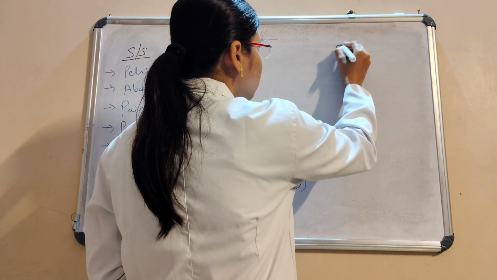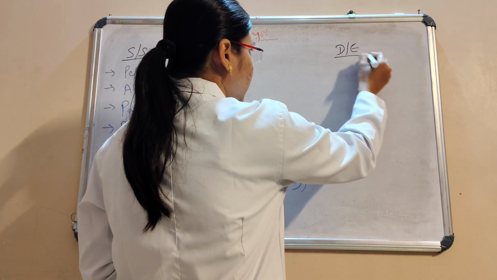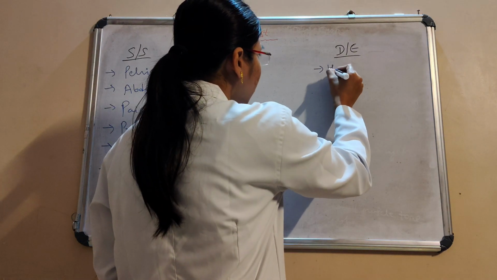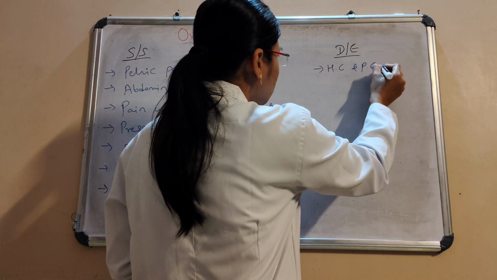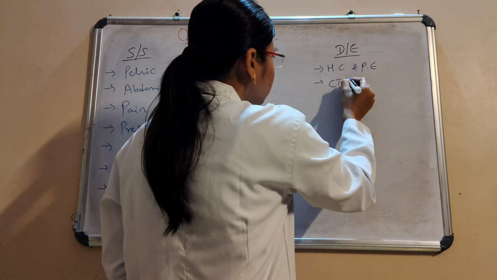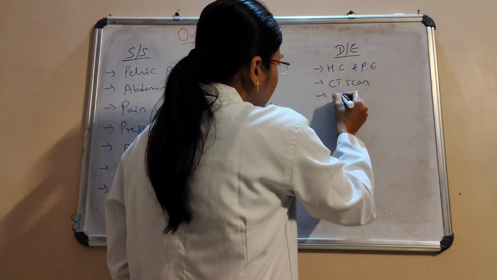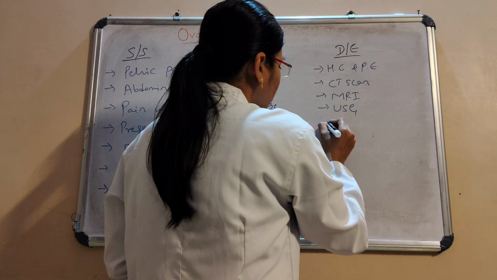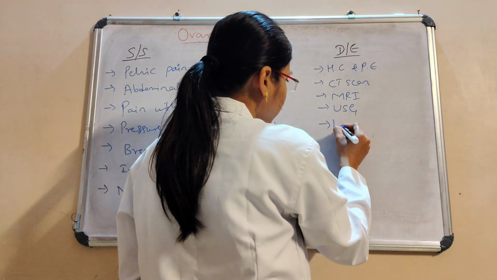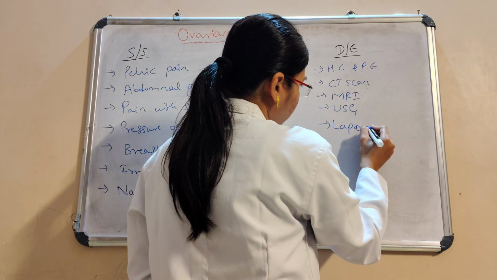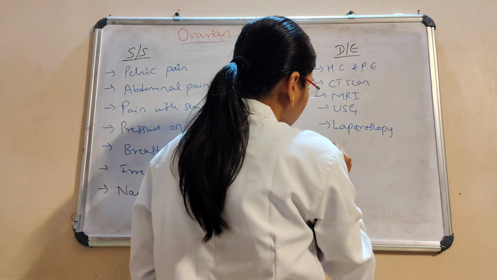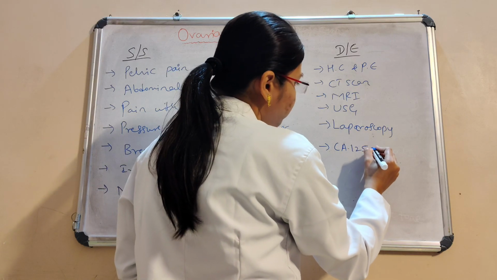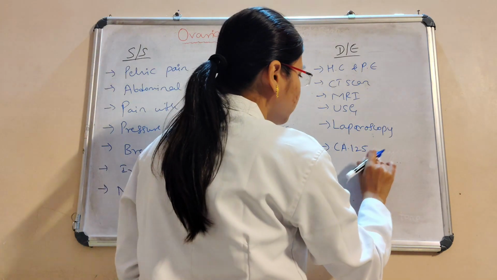Next we'll see the diagnostic evaluations. First and foremost, there will be history collection and physical examination, CT scan, MRI can be recommended, USG, after that laparoscopy, and then CA125, that is a blood test.